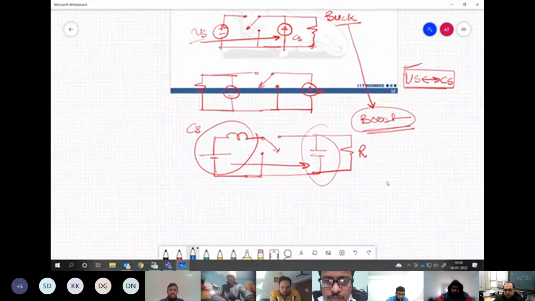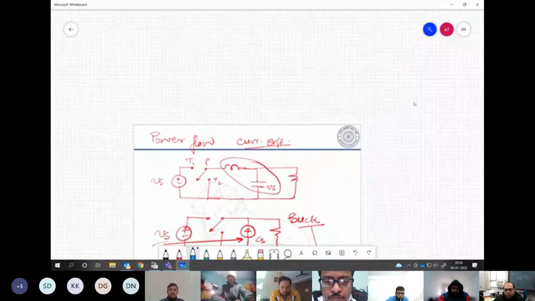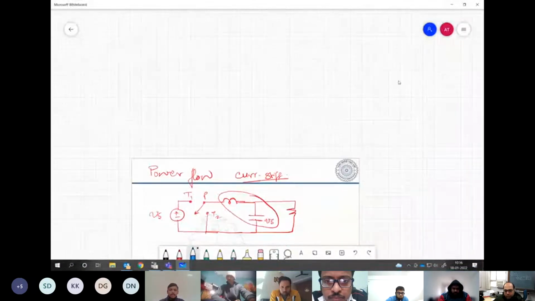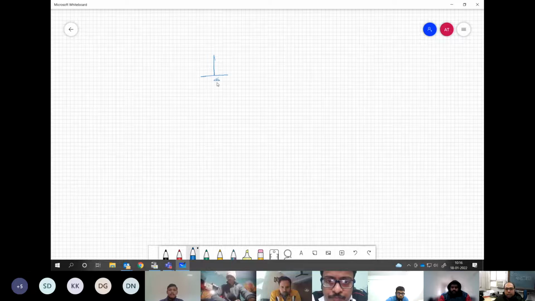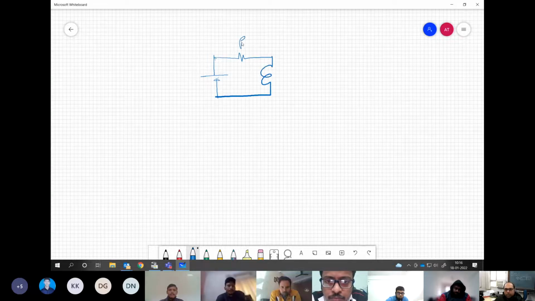Okay, good question. Let's go a little bit away from power electronics, and let's say we have this kind of circuit. An RL circuit is there. Now this is the voltage applied to it.